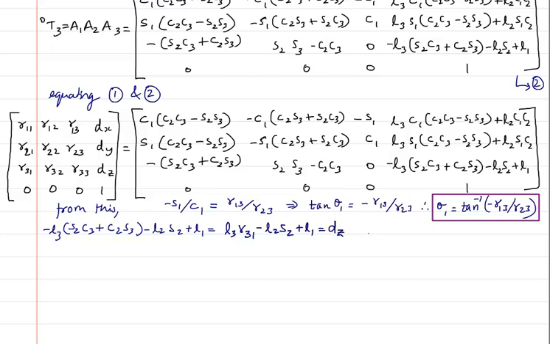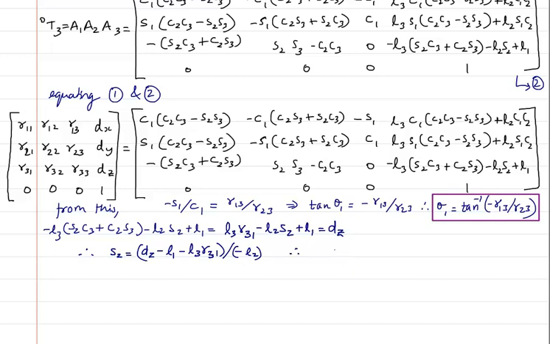Therefore I can directly write that sine theta 2 will be equal to dz minus L1 minus L3 R31, divided by minus L2.